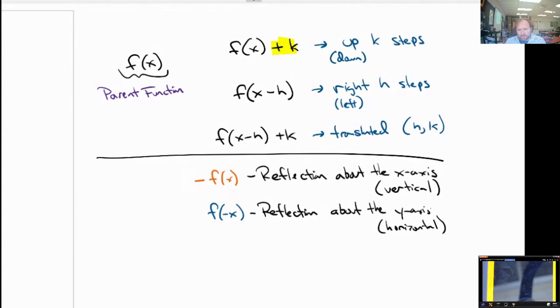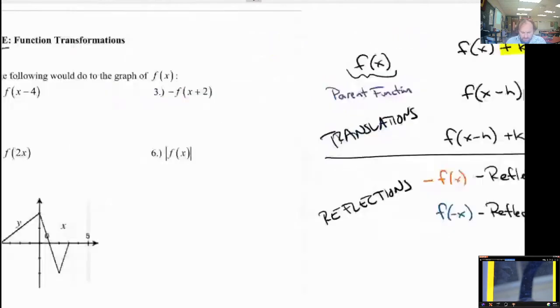Now, there are a couple other ones that'll pop up along the way, but these are the main ones. These are your translations up here. These are your reflections down here. The absolute values will pop up also, and we'll talk about those as we get there. They will depend on where they are and what they do. But let's get into it.